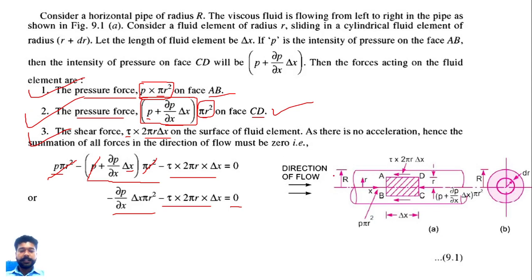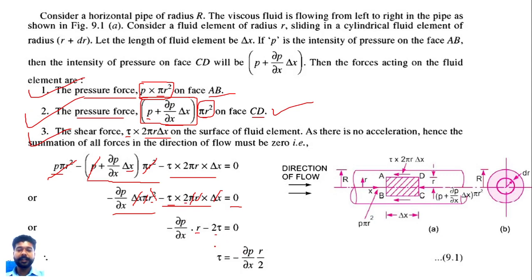In the next step, delta x cancels with delta x, and pi r cancels with pi and r square, so the remaining terms are minus del P upon del x into r, minus 2 into tau.